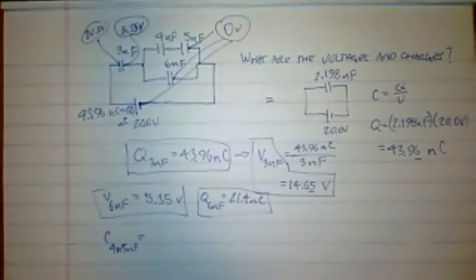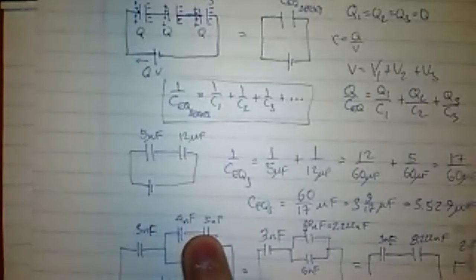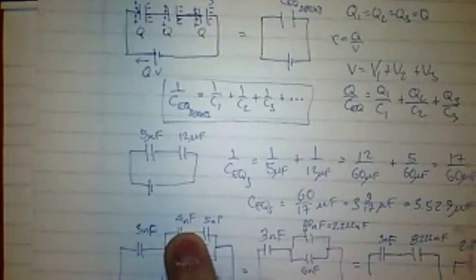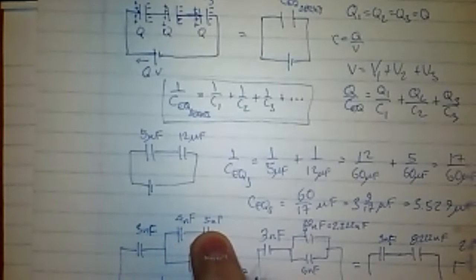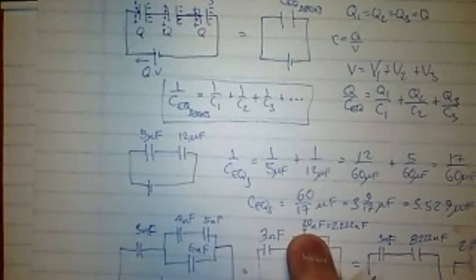We found that earlier by doing 1 over 4 plus 1 over 5. To get a common denominator, that became 20, and that gave us 20 over 9, or the 2.22.